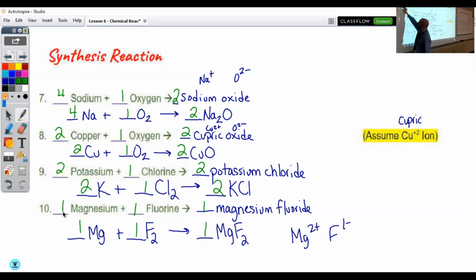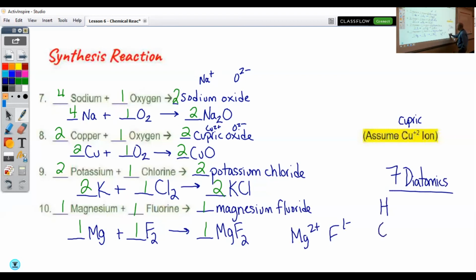Just a quick reminder, because I mentioned it several times here, there are 7 diatomics that we need to be aware of. That means anytime these elements are listed by themselves, they're not written as a single atom, they're written as a pair.